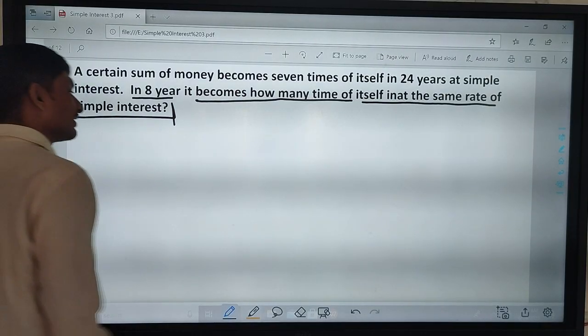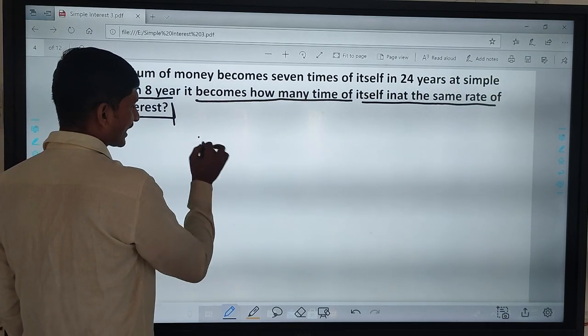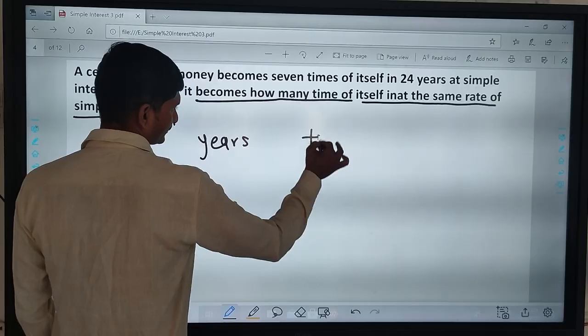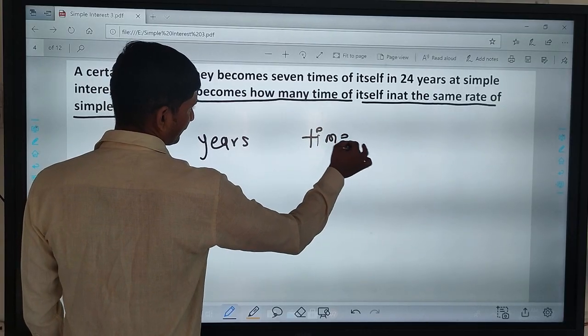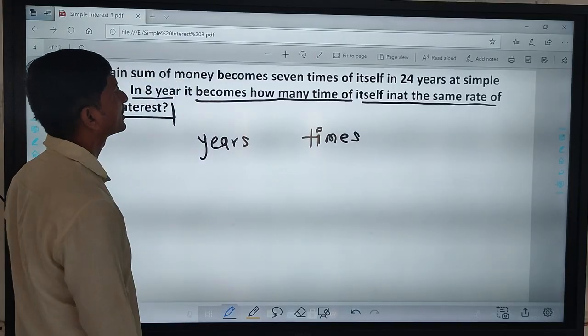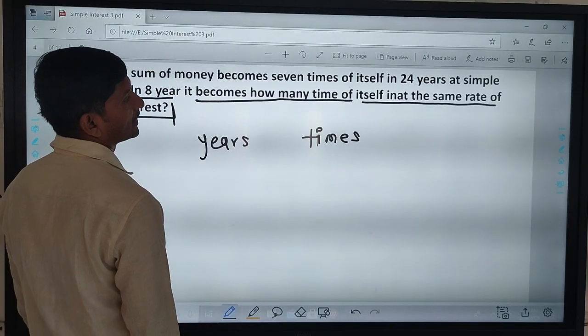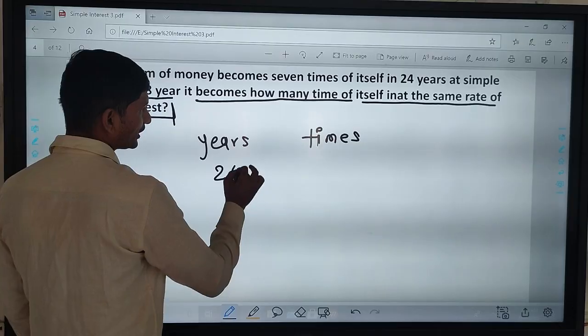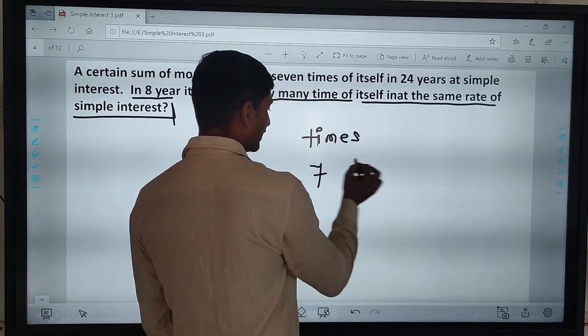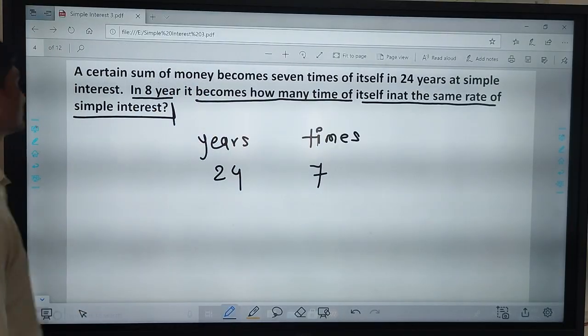Here we write the same: years and times. In 24 years, it becomes 7 times.